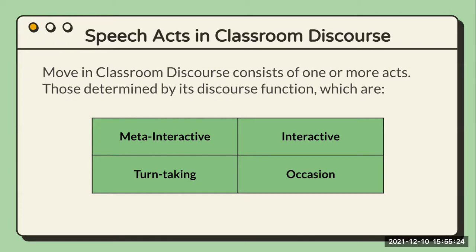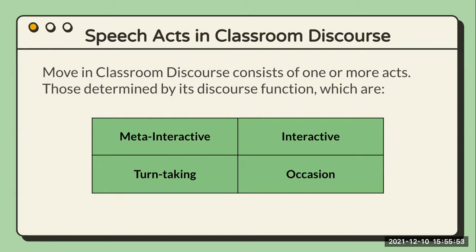But here, classroom discourse has its own structure of speech acts, which is divided into four: meta-interactive, interactive, turn-taking, and occasion. So for the meta-interactive, here we have marker, which is the act of realizing framing or moves such as okay, now, well, all right.